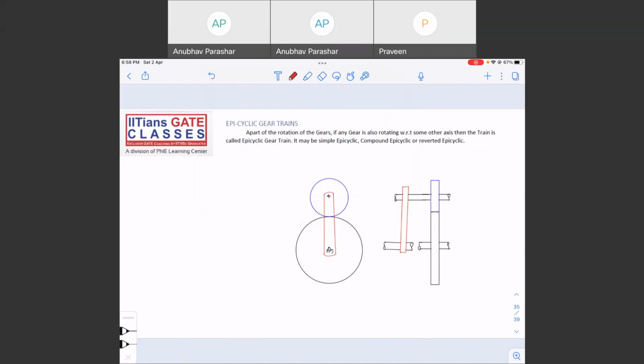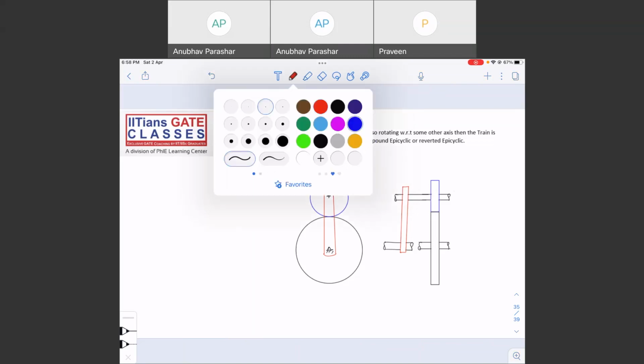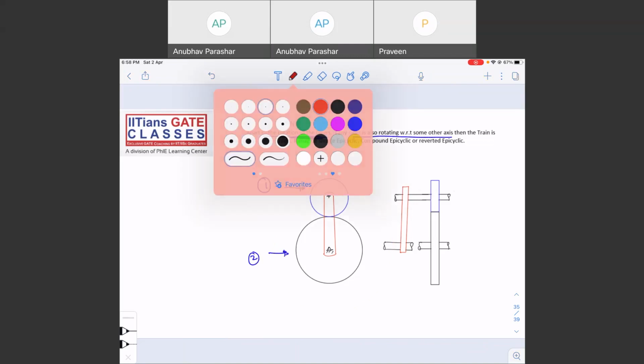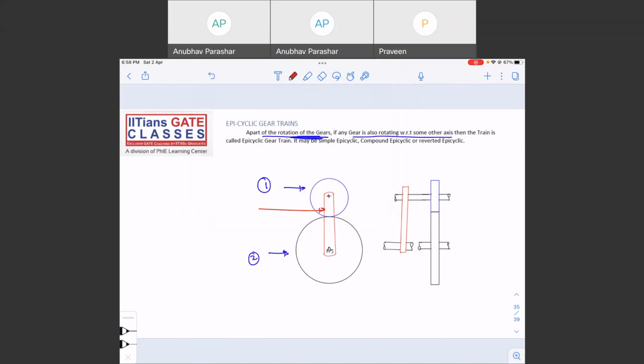An epicyclic gear train is a gear train in which, apart from the rotation of the gears, any gear is also rotating about some other axis. For example, let us consider this is gear 1, and this is gear 2, and there is one connecting arm.